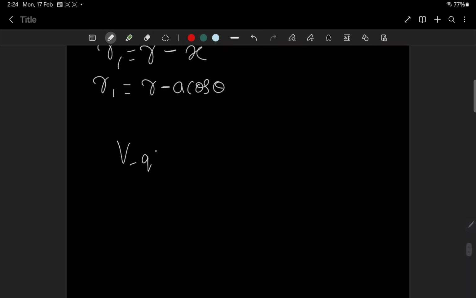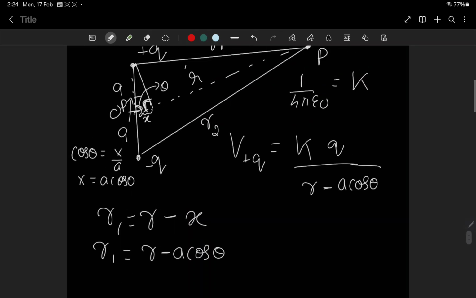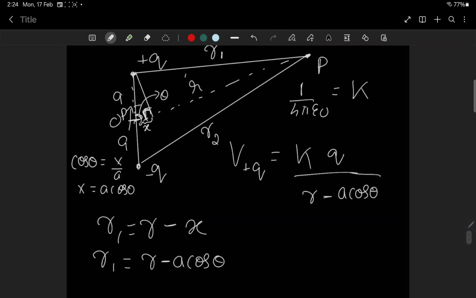Now V minus Q. We need to get R2. Look, the problem is that R2 is longer than R. So I am enlarging this R line and drawing a perpendicular here also. So this is also theta.